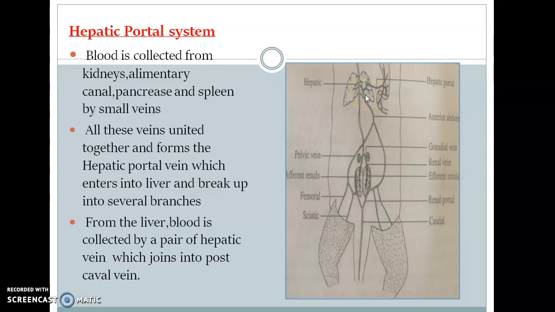From the liver, the blood is collected by a hepatic vein which joins into the posterior vein. So this hepatic vein as well as the hepatic portal vein will be united together and connected to the posterior vein, and this posterior vein is concerned with receiving all this impure blood and feeding it into the heart, and from the heart it will move into the lungs for oxygenation.